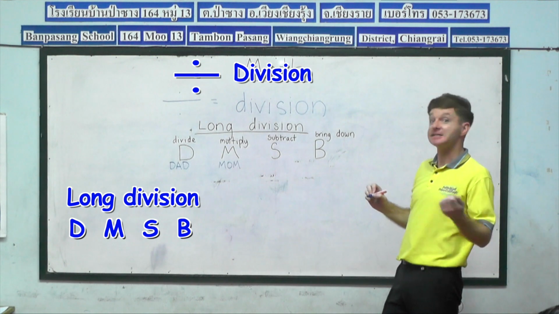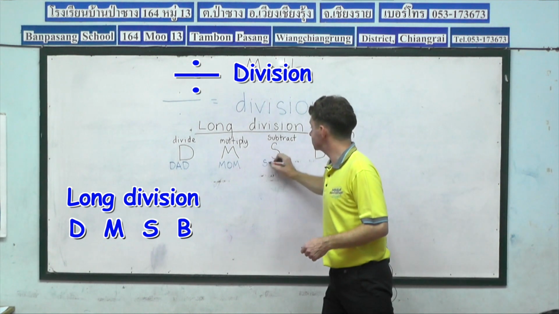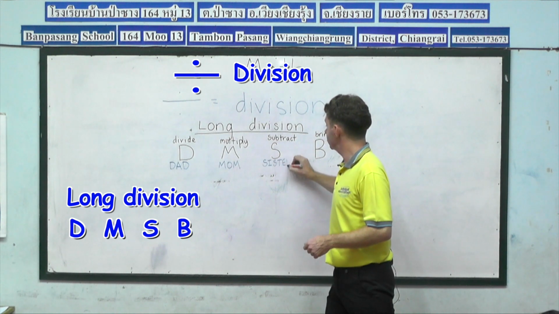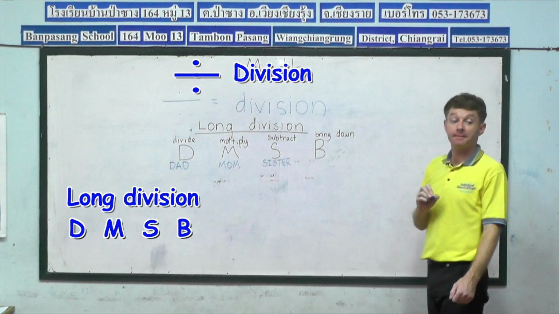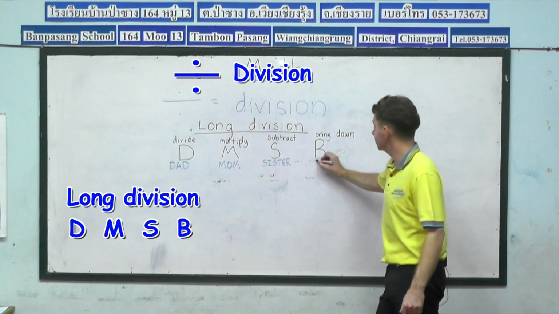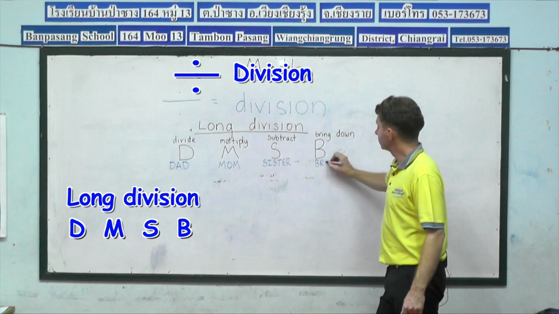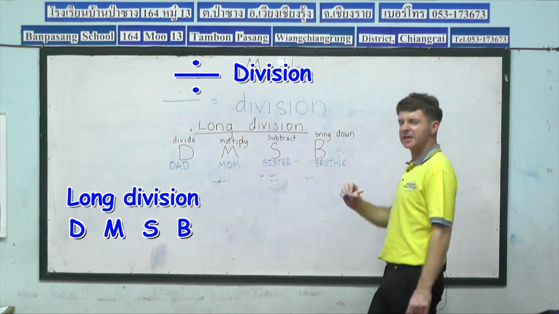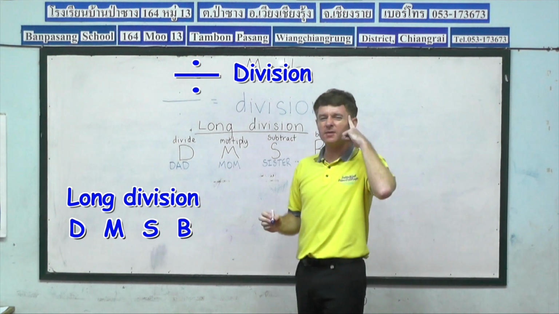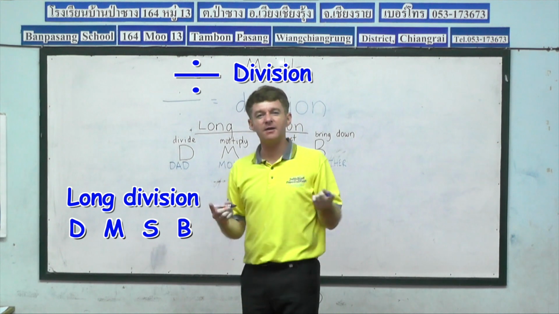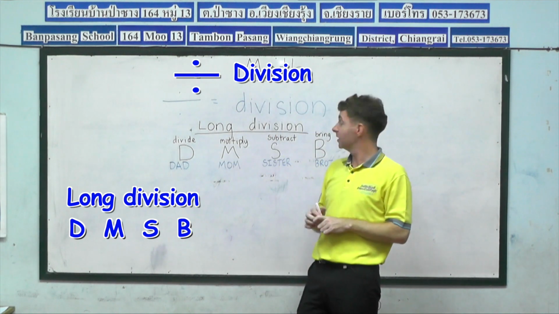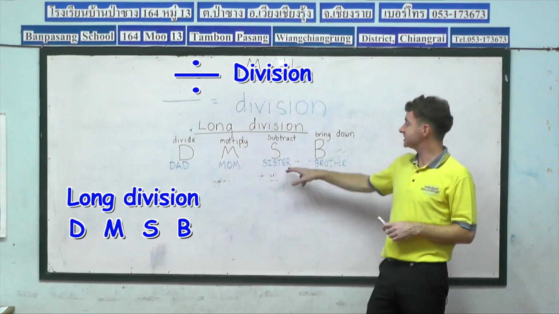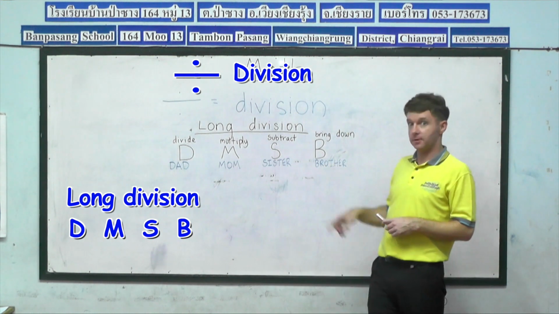S, sister. S-I-S-T-E-R. And then B, brother. Okay, excellent guys, well done. So when we're doing long division, if you can't remember the initials, think about family and think dad, mom, sister, brother.